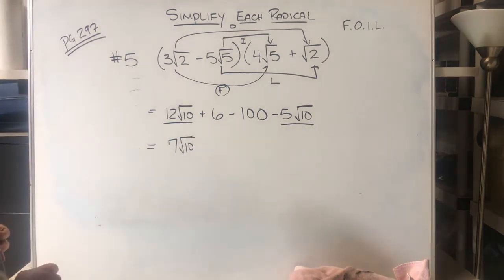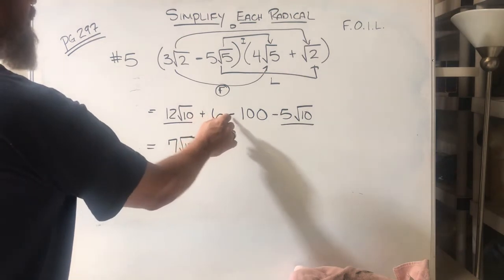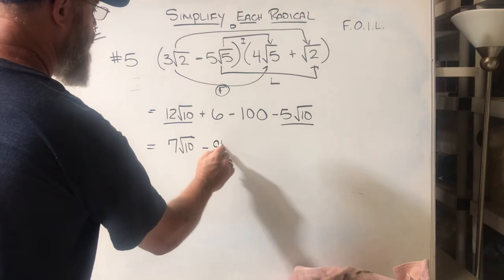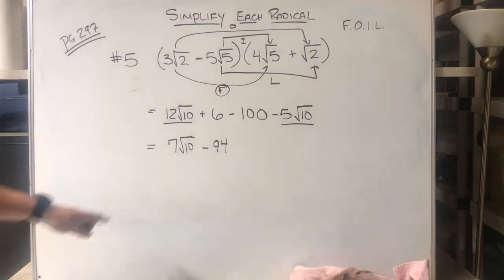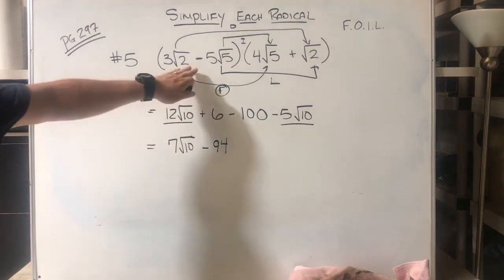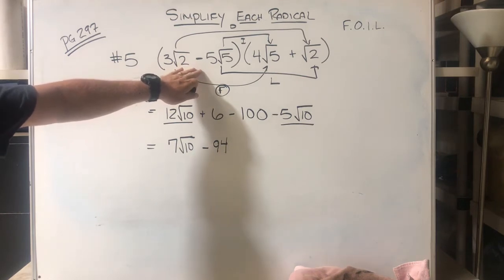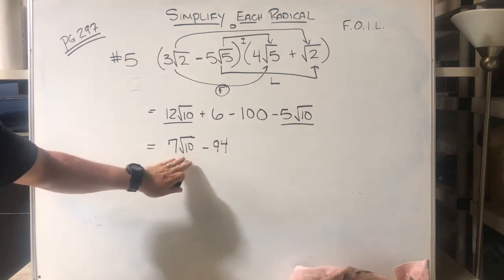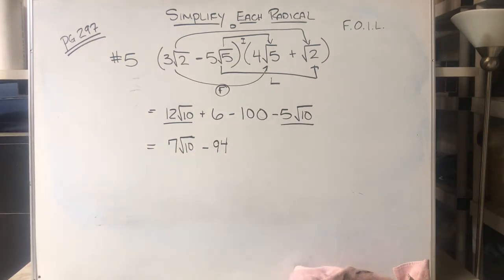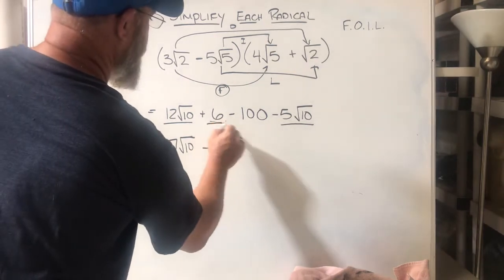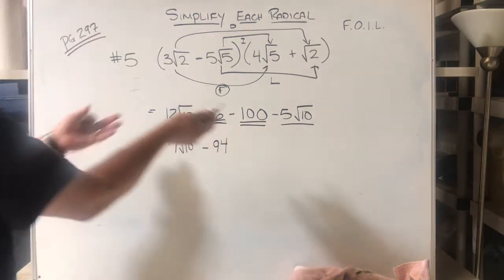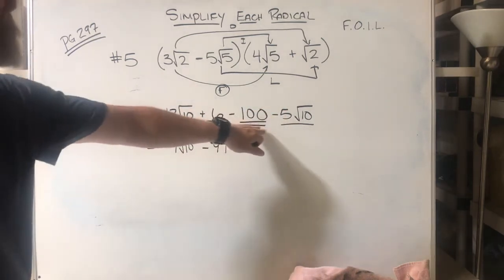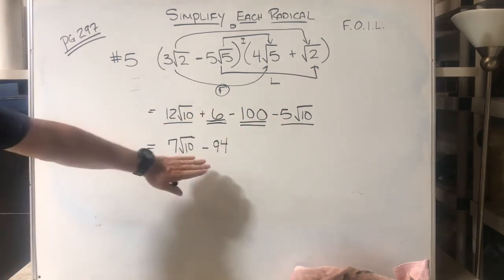And then positive 6 minus 100 is negative 94. So this is your answer. These two binomials multiplied together with radicals in them, simplified, is 7 times the square root of 10 minus 94. Because after we FOILed it, we just combined our like terms. So we combined our square roots of 10 together, and then we combined our coefficients together. And that's what we get.